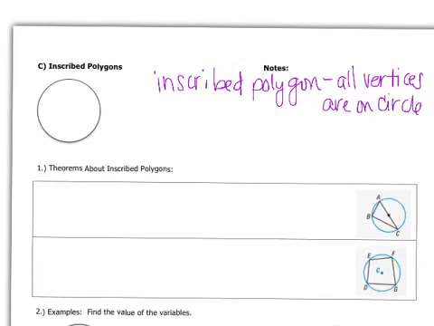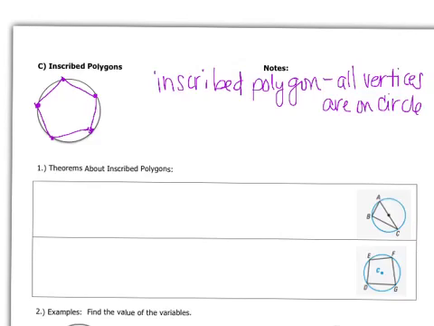The easiest way to draw an inscribed polygon, I usually make a few, let's say it's a pentagon, so I'll have 5 vertices somewhere along the circle, and then I just connect those with segments. It's not the prettiest picture, but all of my vertices are on the circle.